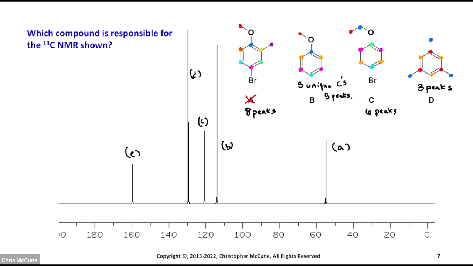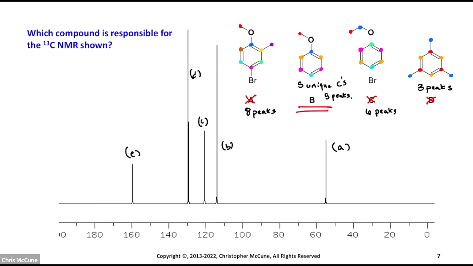So we can rule out now C and D, and in fact, B is the compound responsible for this carbon-13 NMR. Okay, so the most downfield peak E is going to be in your aromatic region. So it's going to be a carbon that's part of the aromatic ring and also attached to another electron withdrawing group. So if you look here, these are all aromatic regions.